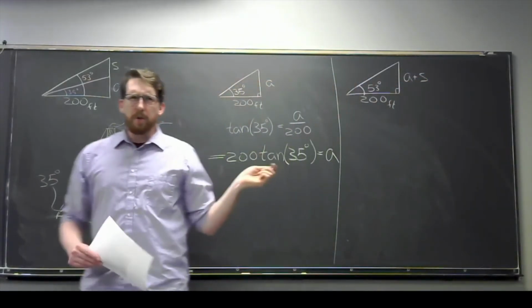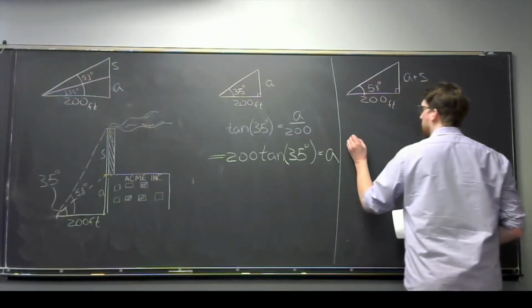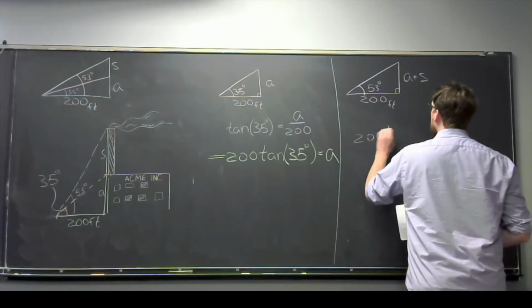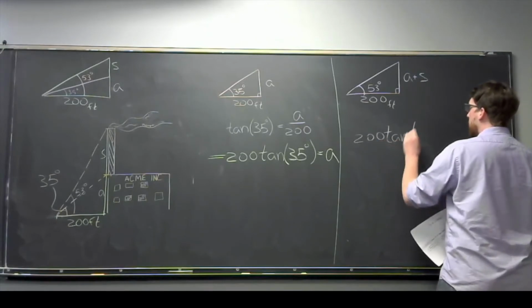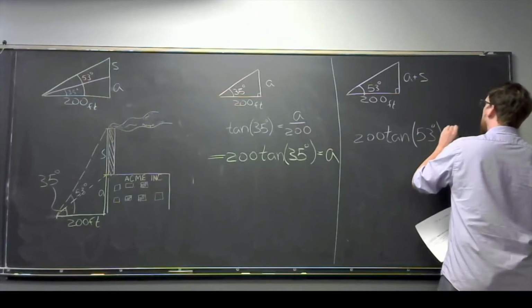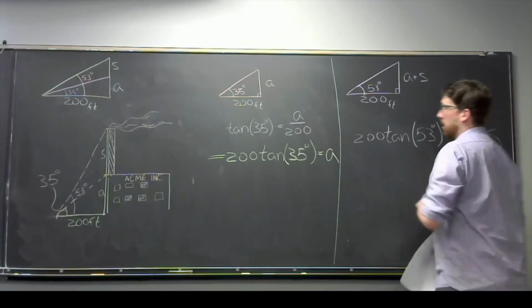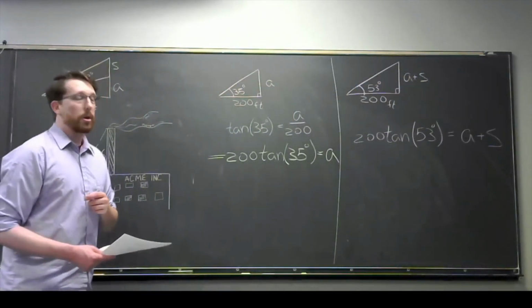Based off the other problem, we already know that 200 feet, my mistake, times the tangent of 53 degrees is going to be equal to A plus S. Well, we just solved A, so we can subtract A from both sides.